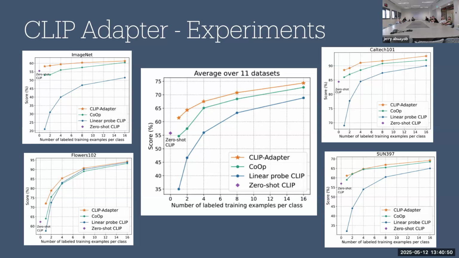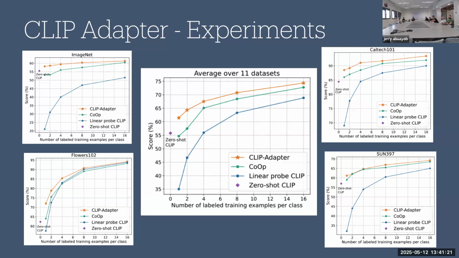Why do you say that it's minor? It looks bigger than the 102. Yeah, but it's not a 50% or 40% boost. For Flowers 102, the boost is from 62 to 72, maybe 10%, which is also a minor improvement. And Sun 397 is like 7% from the zero-shot, right?